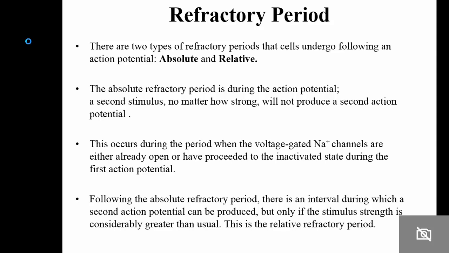And not only can I get another one to occur, but the next one that occurs in the beginning of this relative refractory period will actually be stronger than the one that preceded it.